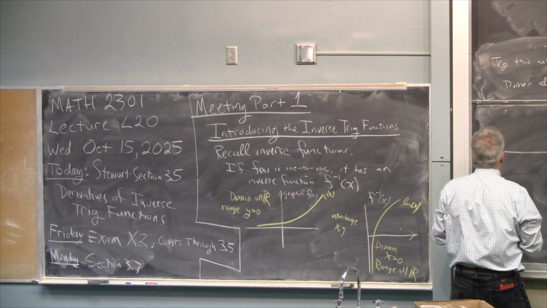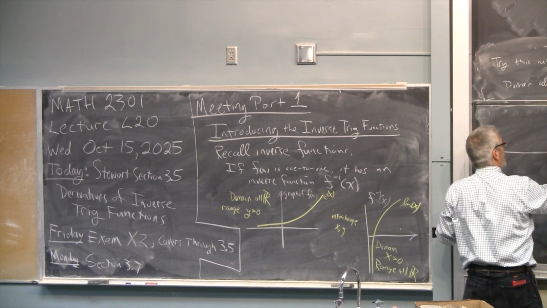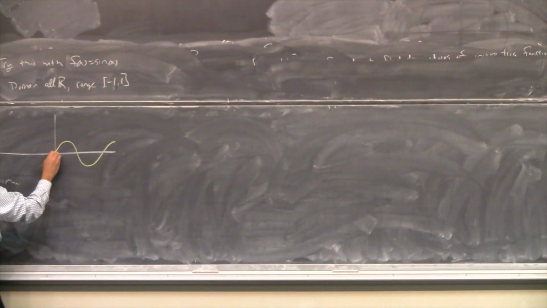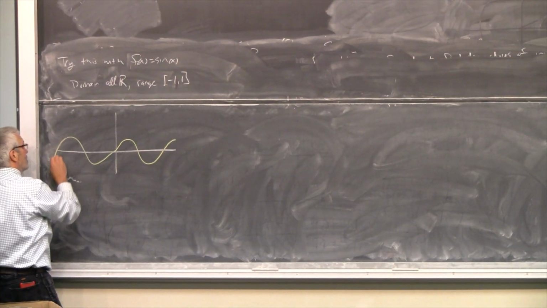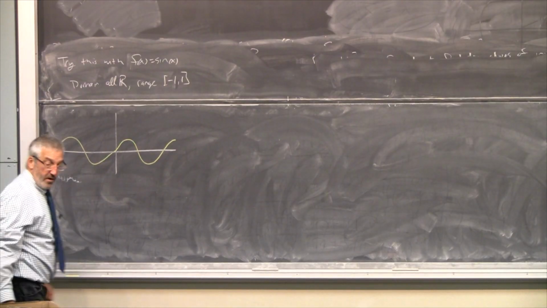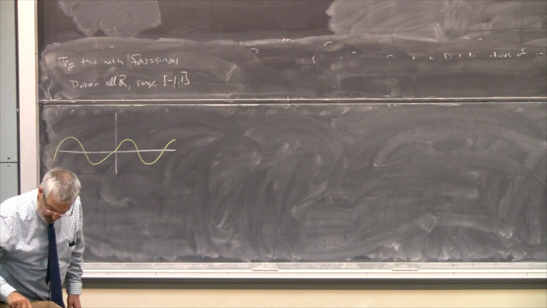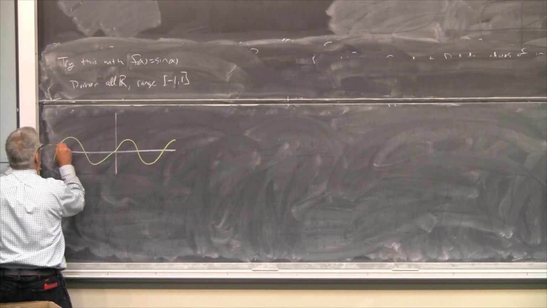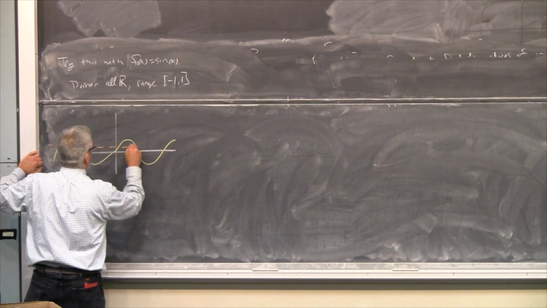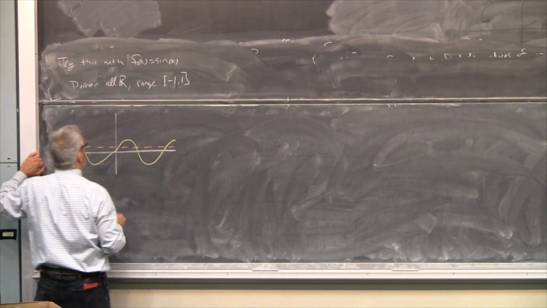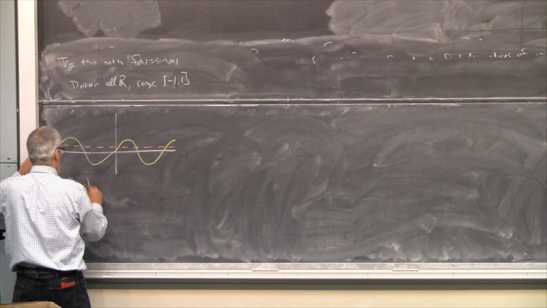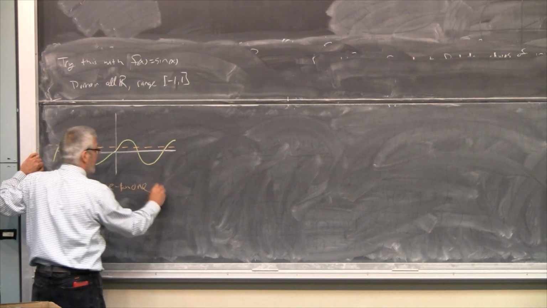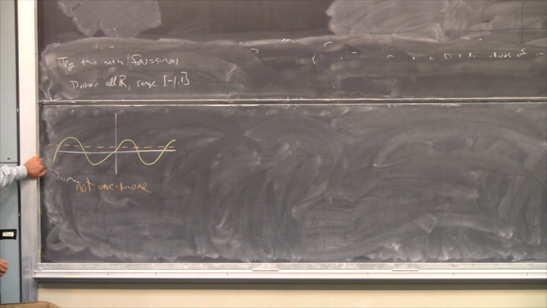So here's the graph of y equals sine of x. Notice that this function is not 1 to 1. I'm going to draw a dotted line through here. So not 1 to 1. It fails the horizontal line test.